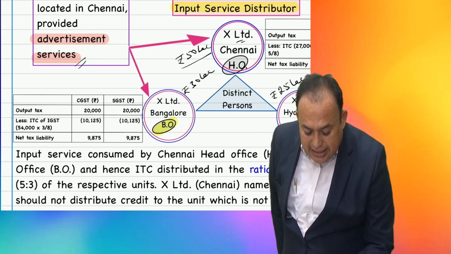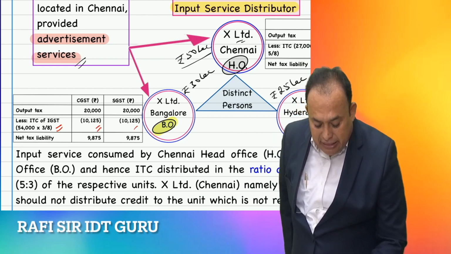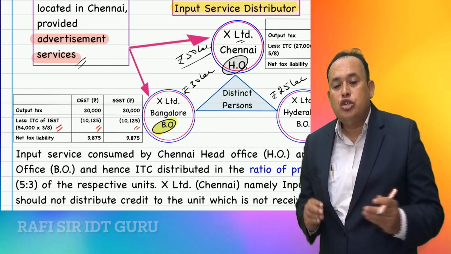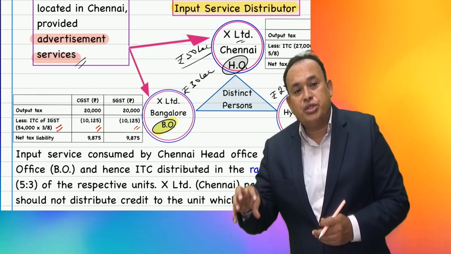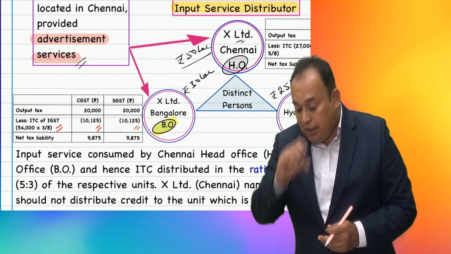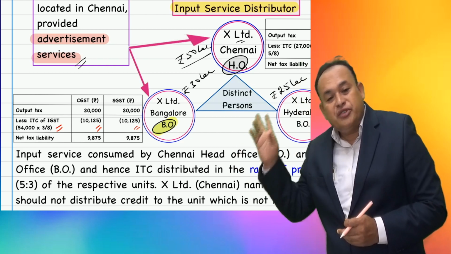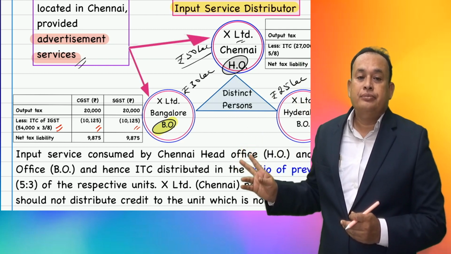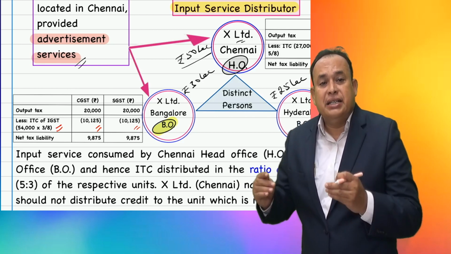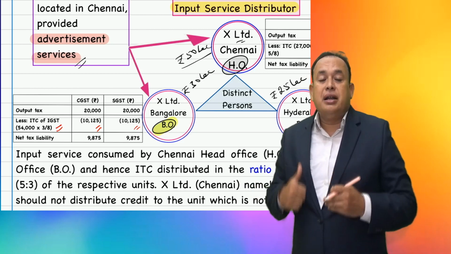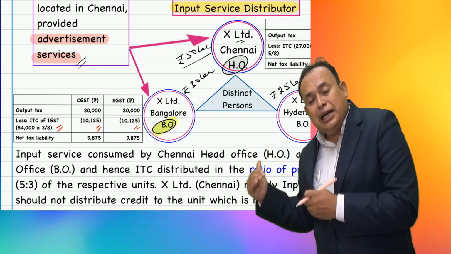Namely, see here, ITC of IGST 10,125 as well as 10,125, total IGST 20,250. That means Tamil Nadu state SGST, CGST, if you want to transfer as credit to Karnataka state, transfer it as IGST: 10,125 as IGST for the Karnataka branch, again 10,125 as IGST to the Karnataka branch.